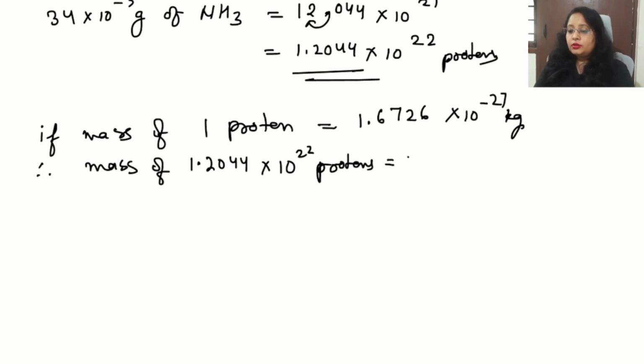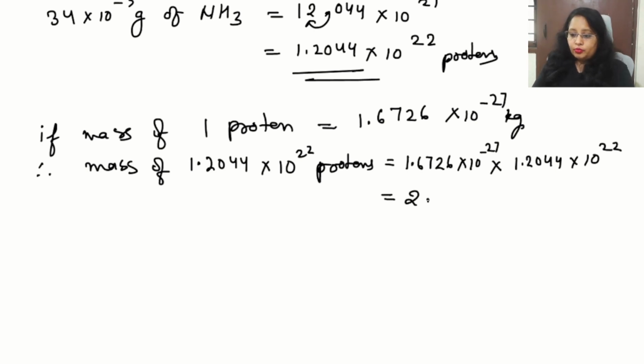is equal to, directly we will multiply 1.6726 into 10 to the power minus 27 multiplied by 1.2044 into 10 to the power 22, and we will get the answer 2.0145 into 10 to the power.